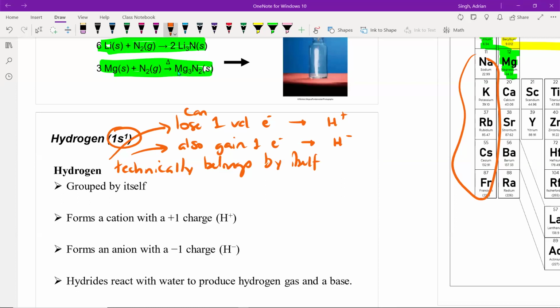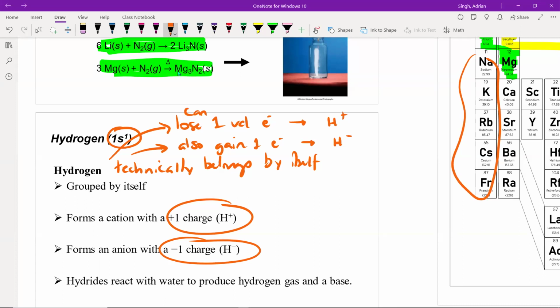But we put it where it is because that's the most applicable place for it, and it's got that one valence electron, which is similar to the other elements in group 1, right? So hydrogen can form a cation with a +1 charge if it loses one valence electron. It can also form an anion with a 1- charge, the hydride ion, depending on what it is combining with. So it's sort of versatile in that sense.